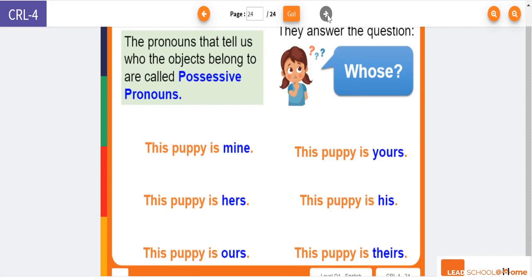This puppy is his, meaning this puppy belongs to him. This puppy is theirs. It means that this puppy belongs to them, right? So all these words, mine, hers, ours, yours, his, theirs, etc., are words that tell us to whom a particular object belongs, right? And these words are called possessive pronouns. I hope you have got an idea about what is meant by possessive pronouns.